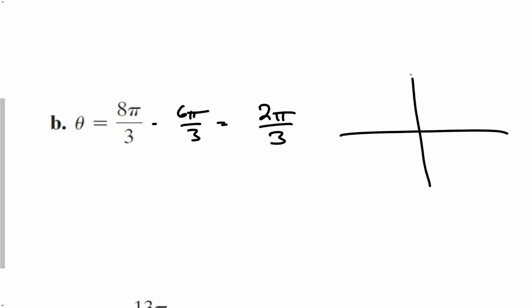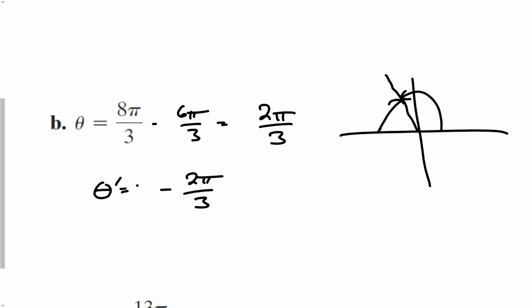Where is it? Well, that's pi over 2, right? 2 pi over 3 is a little bit further, but that's fine, it's right about there, which makes this distance right here, theta prime, equal to pi minus 2 pi over 3.